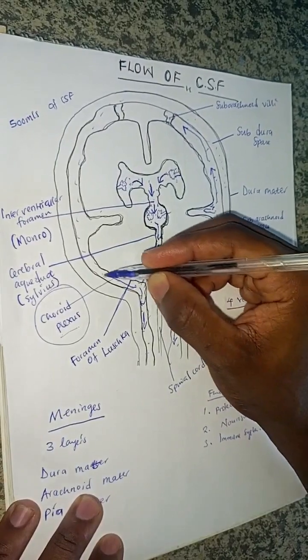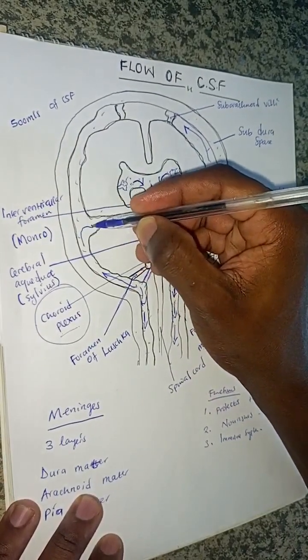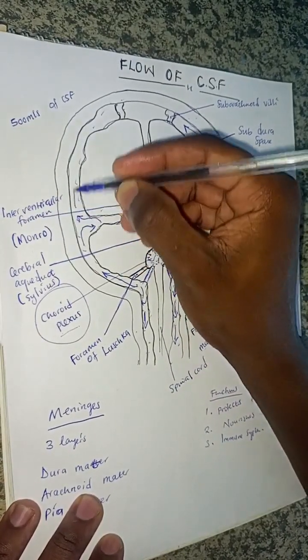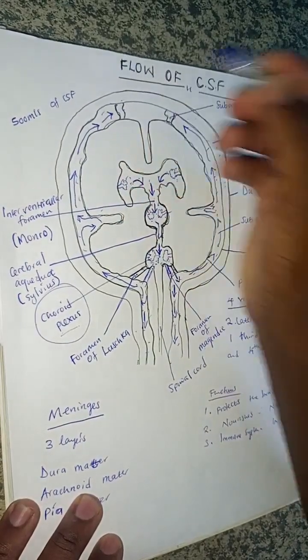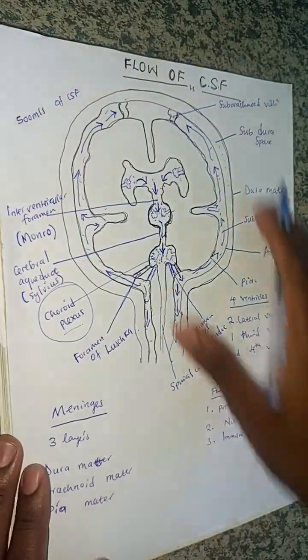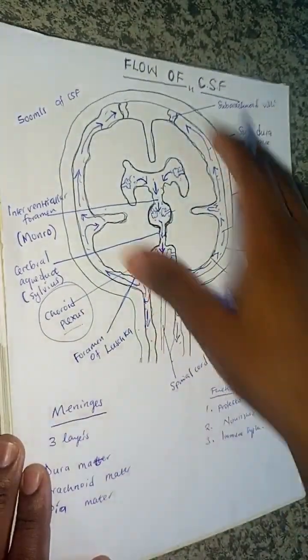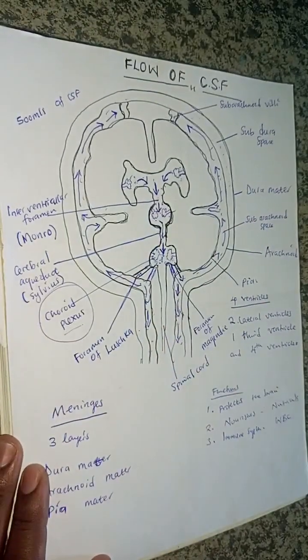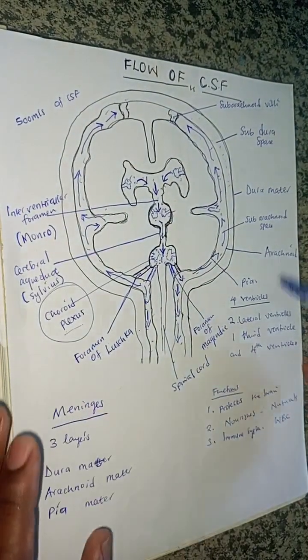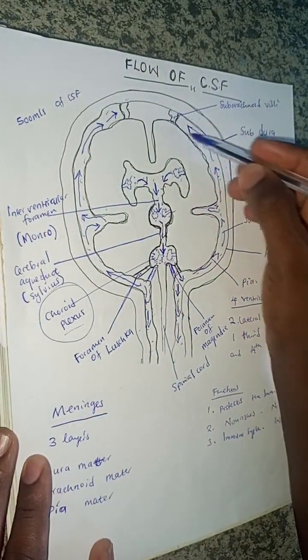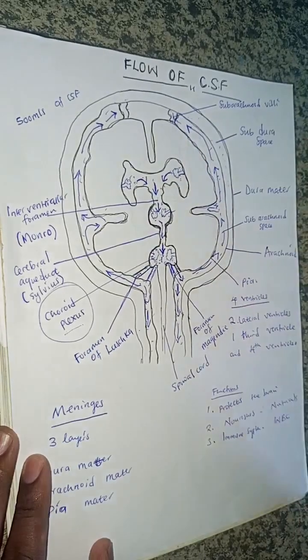But remember, we said this fluid that is being produced needs to be regulated. So the body has this way of regulating the amount of fluid that is in this cranial cavity, where it absorbs this cerebrospinal fluid through the subarachnoid villi.